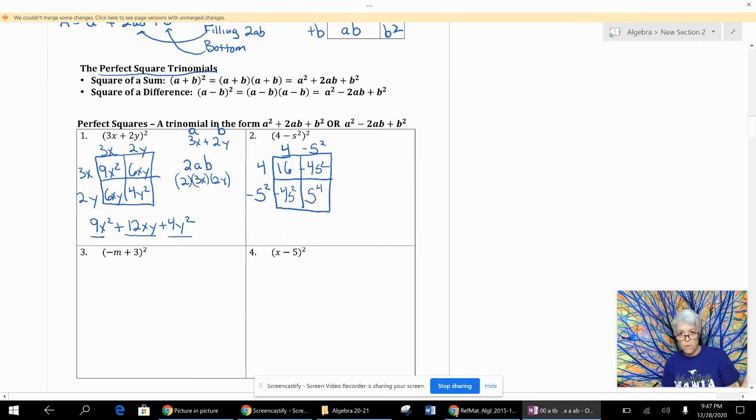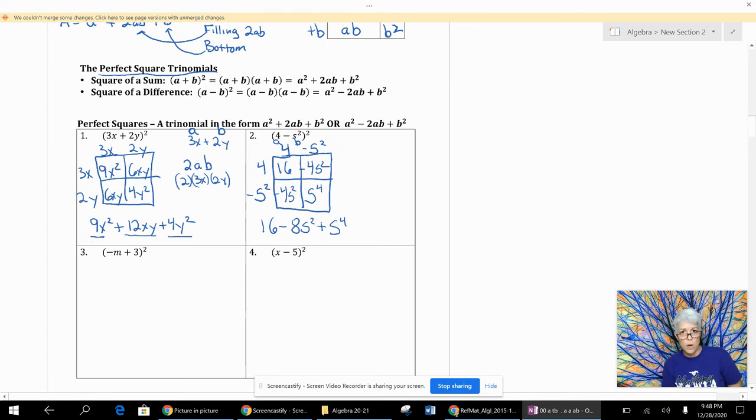All right, moving on here. I'm going to combine like terms. You can see that in the middle, the diagonal, they're like terms. I'm going to add them up. So I have 16 minus 8s squared, and that's a positive s to the 4th. Again, if this is my a and this is my b, square 4, I get 16.